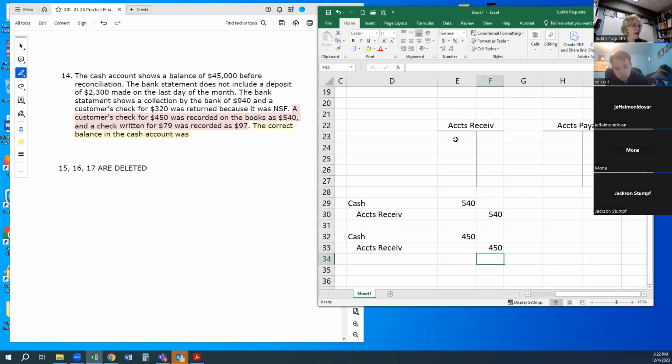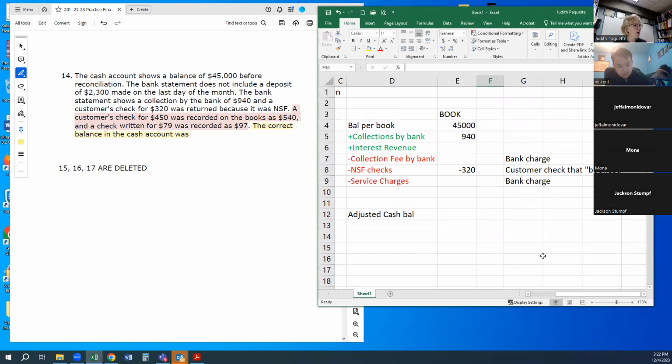But right now in the cash account, they showed it as having received $540 when in fact they only received $450. Okay. So you take the difference, 540 minus 450, and you get what? What's the number? Is it 90? Feels like it should be 90. Let's see. It is. Okay, thank you, Naomi, and thank you, Vincent.